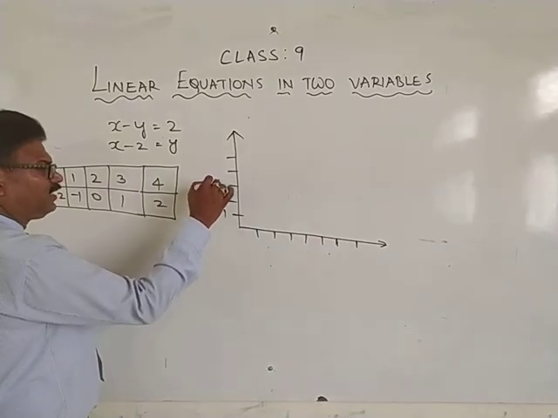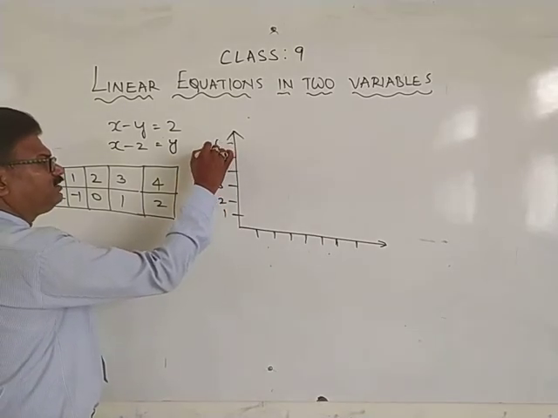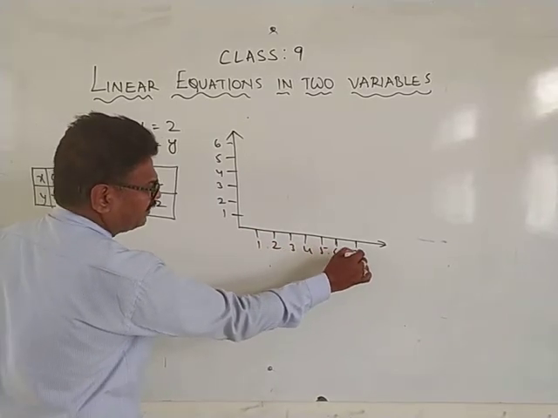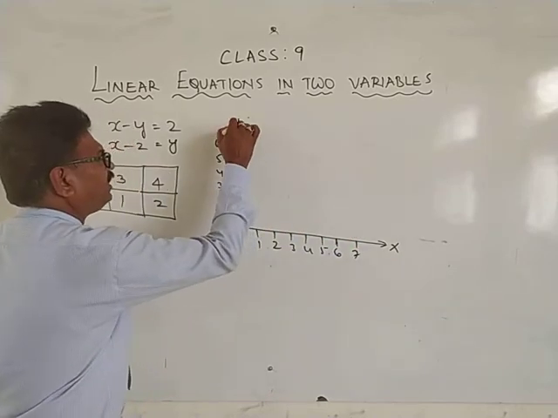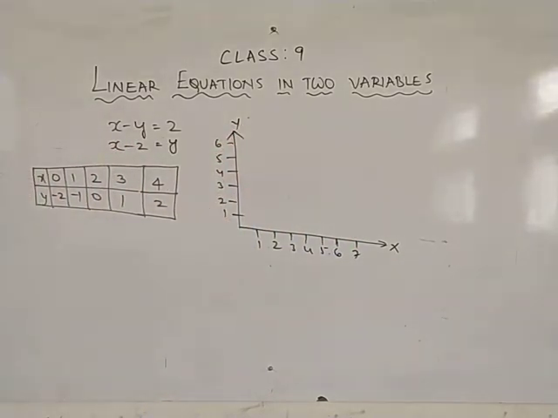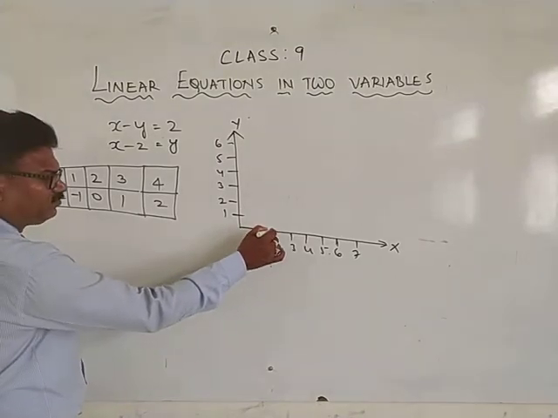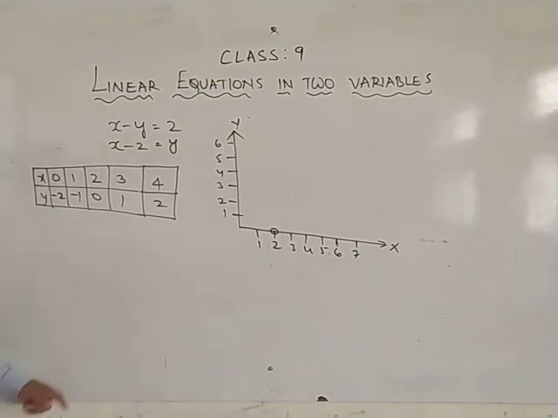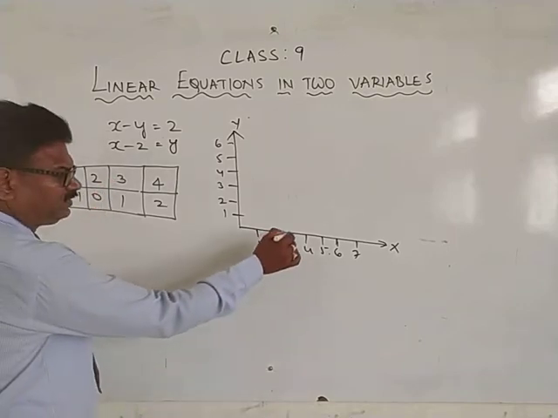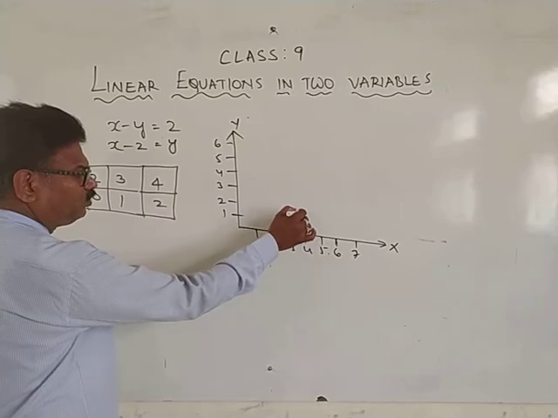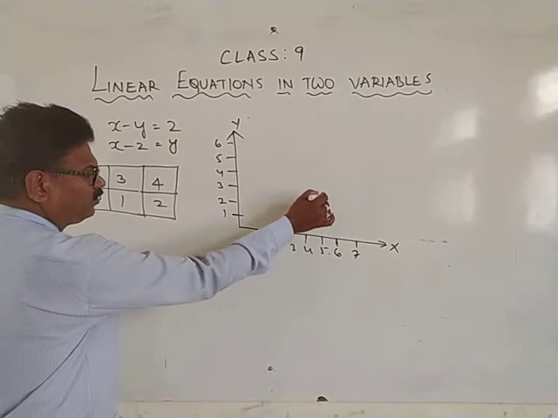X-axis and y-axis. Now, these two will not be taken. We'll start from 2 and 0. 2 means here 2 and 0. Next point 3, 1. Next point 4, 2.